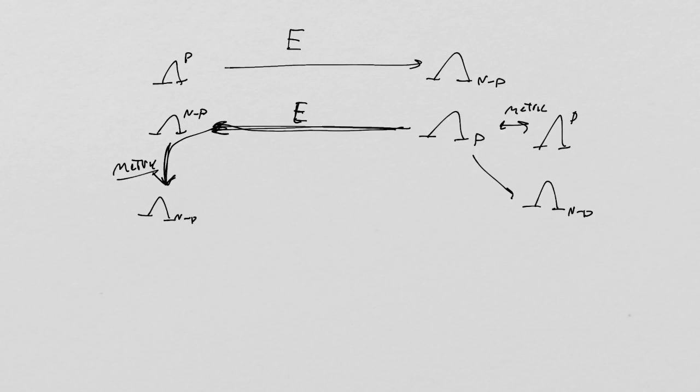But another way to think about it is choosing the volume form correctly. Right now, our choice of volume form is this epsilon I1 through IN, partial I1 wedge or tensor product through I n.